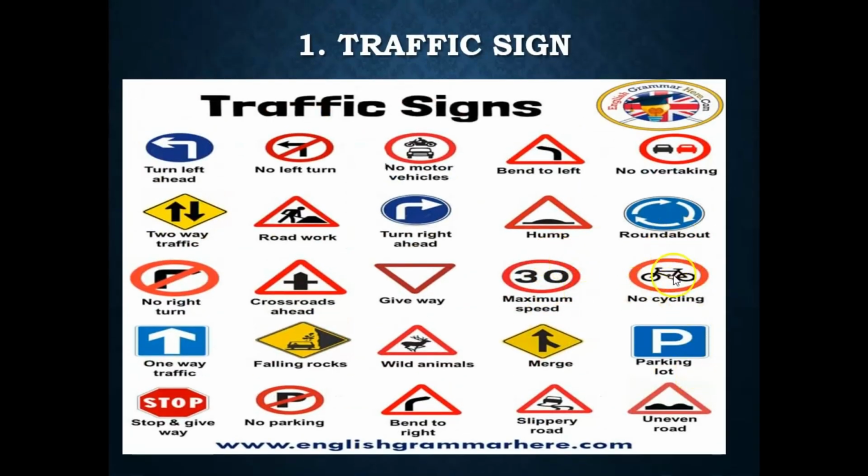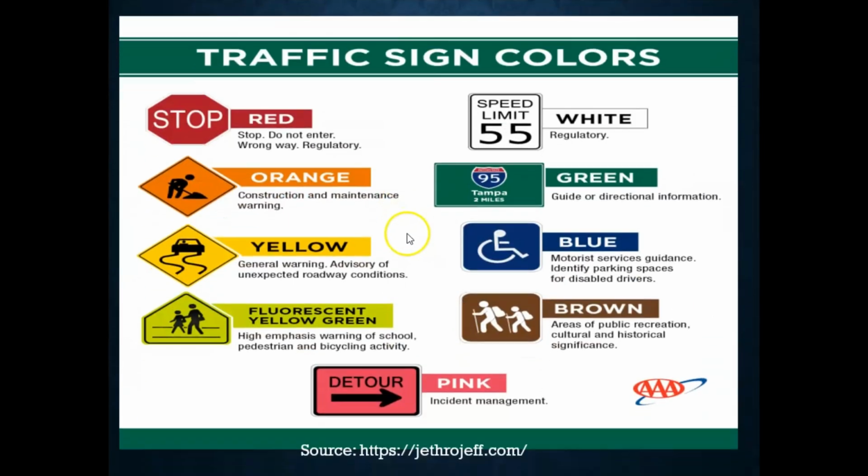Here, in this picture, we can see that this is for guidance with blue. Turn right ahead, blue. Turn left ahead, blue. They are for guidance. They help to guide motorists. And one way ahead, then we also have the parking lots, just like we explained here, the blue color.